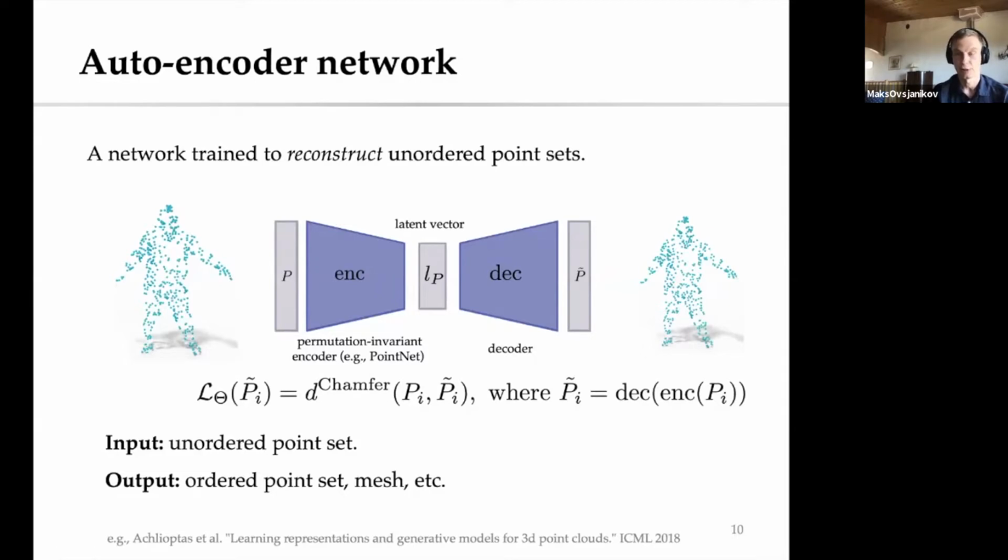But the key property of this method is that the input should be unordered. For example, a common approach is to use a PointNet encoder, and the output should be ordered. The reason you want the output to be ordered is that you then can compare different outputs, right? And once you train such a network, of course, you can also reconstruct meshes or implicit functions or something like that. The output doesn't matter too much.